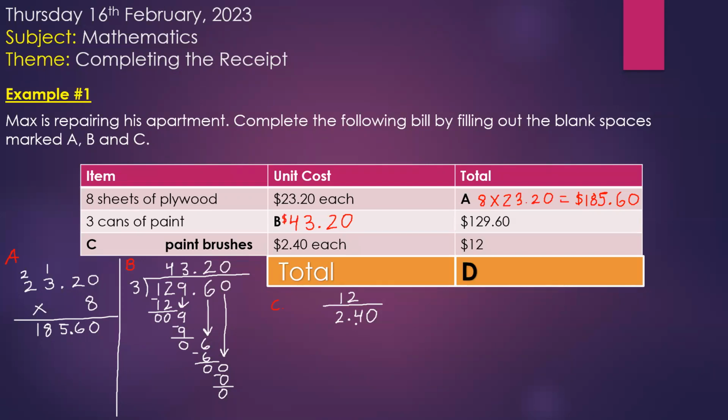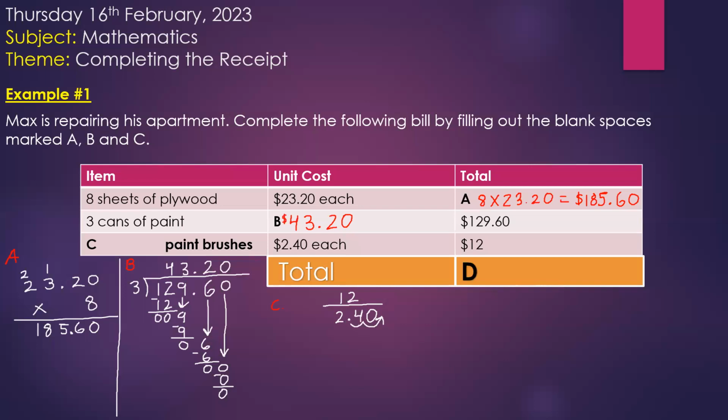So what we're going to do is move the decimal twice.